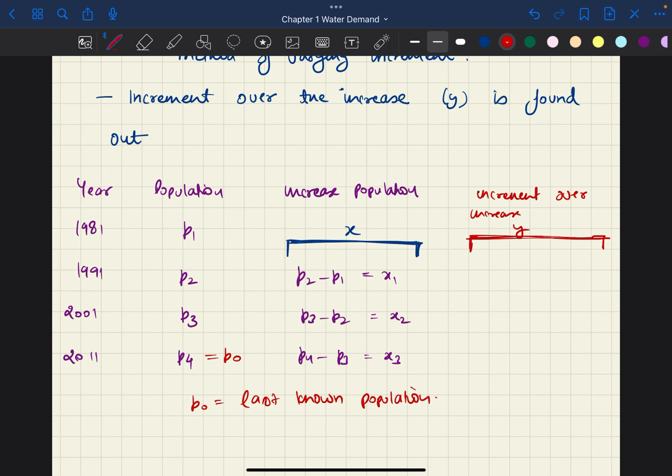So y is calculated here: x2 minus x1, this is y1, x3 minus x2, this is y2, just like this.